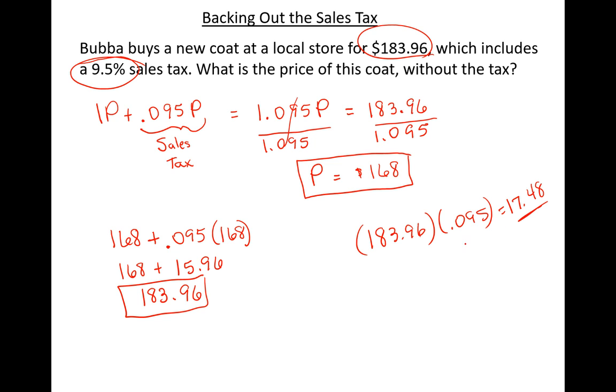That would be the sales tax on this much of a purchase. It's not the correct amount for a coat that costs $168. If you do this, you're going to get too much sales tax. If I subtract that, you're going to think the coat costs $166.48, and you're going to be wrong, okay? You need to follow this method that we did right here, okay? You can't just take 9.5% of what you paid and say that's the sales tax.